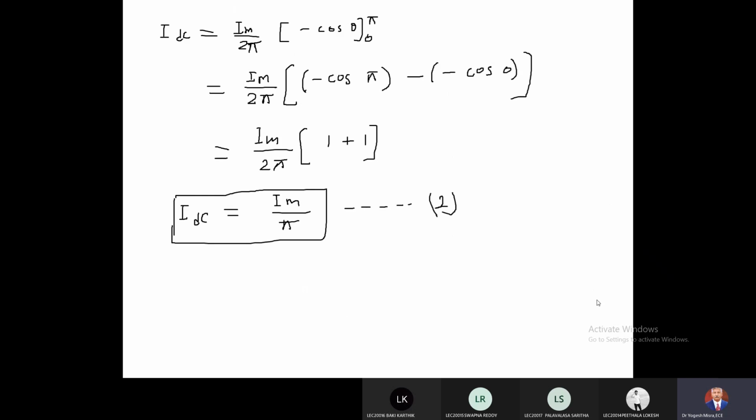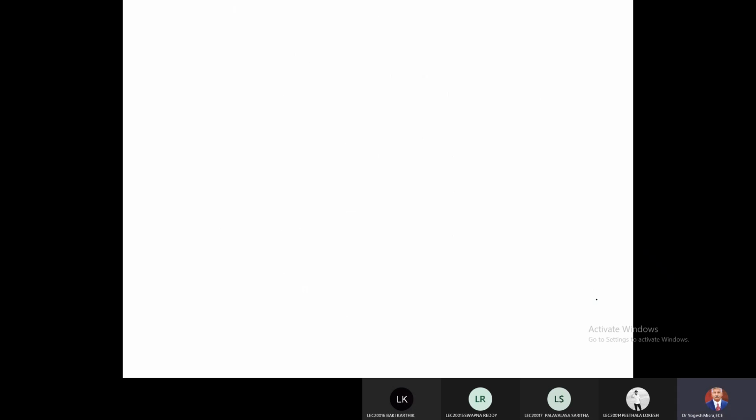Now from these equations, we will find out the efficiency η of half wave rectifier.